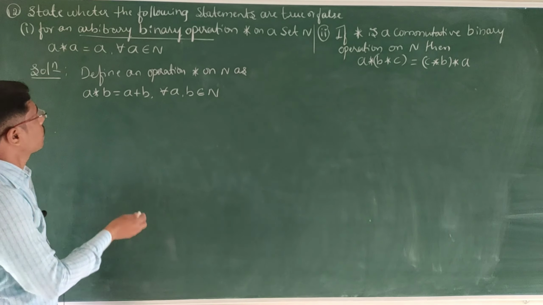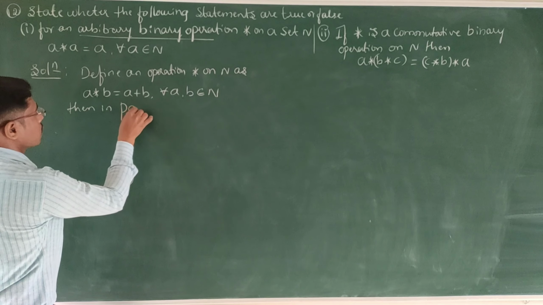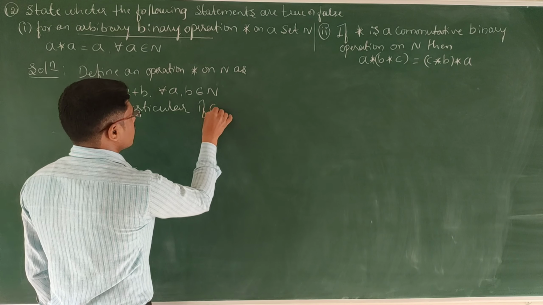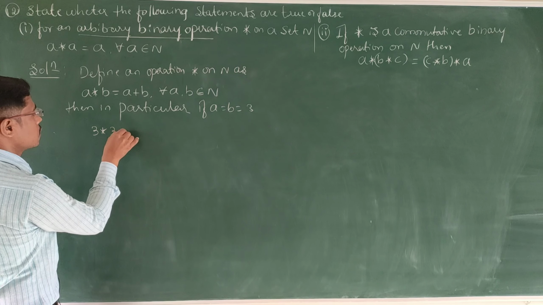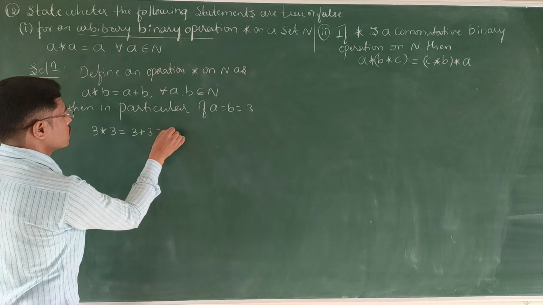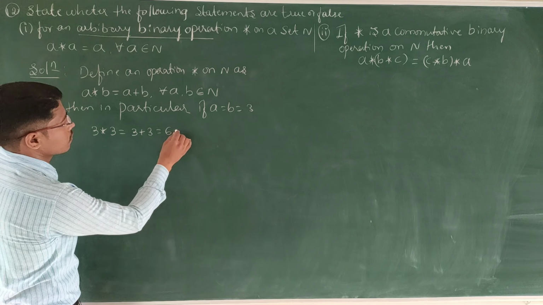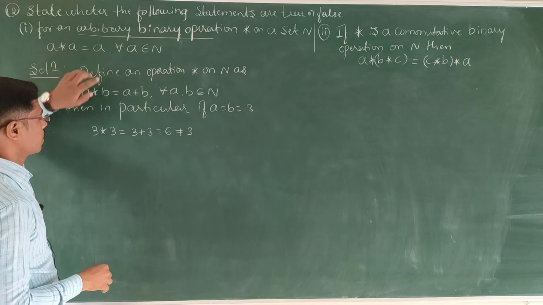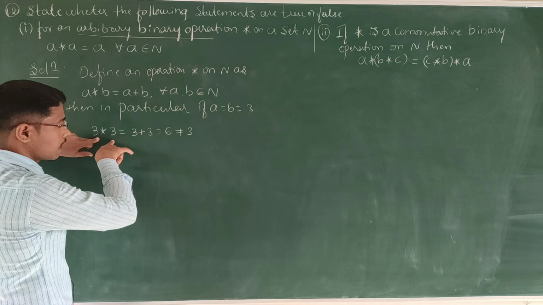Then if I put particular numbers, in particular if a is equal to b is equal to 3, then 3 star 3 is equal to 3 plus 3, which is equal to 6. See, this is not equal to 3. For the operation a star a, I got 6, that is not equal to 3.